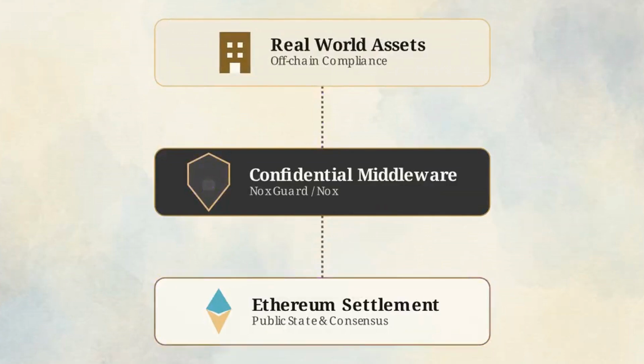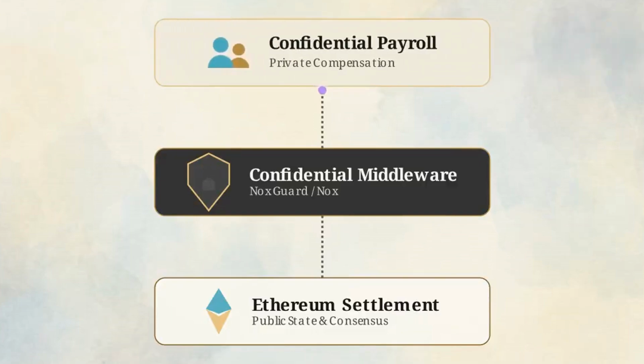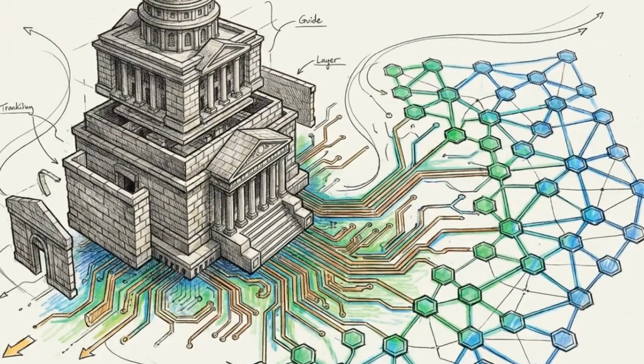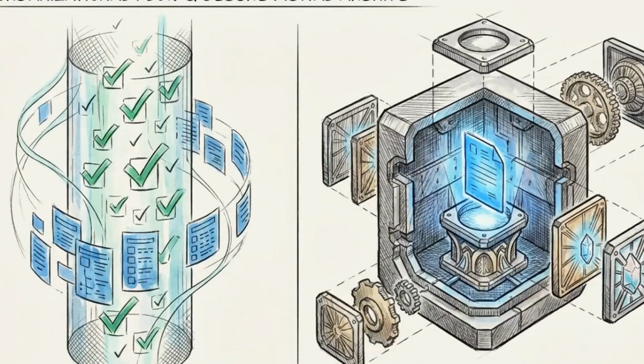Platforms for real-world assets can perform private KYC and compliance checks off-chain while maintaining tokenized settlement on-chain. This framework also supports confidential payroll systems and the optimization of institutional fund portfolios. NoxGuard provides a set of reusable patterns that allow institutions to move their existing business models onto decentralized networks securely.